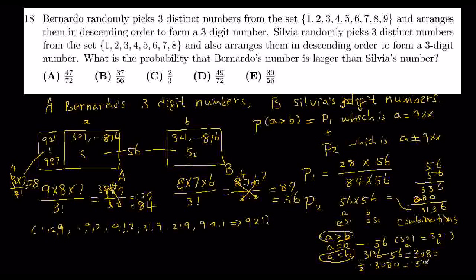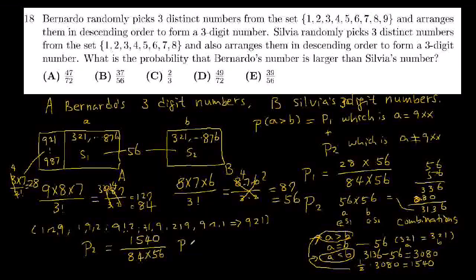That amount is the number of combinations where A is greater than B, and the same for A less than B. Therefore, the probability P2 would equal 1540 out of the total sample size, which is again 84 times 56.